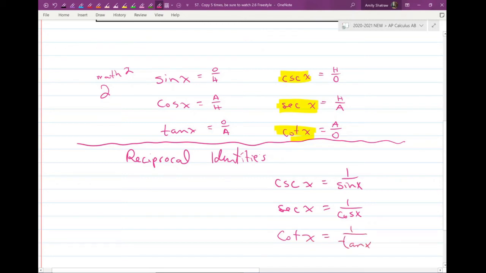Now, the other reciprocals are definitely there and can be used. They are just not as popular. So sine of x is the same thing as 1 over cosecant of x, and cosine of x is 1 over secant of x, and tangent is 1 over cotangent of x.